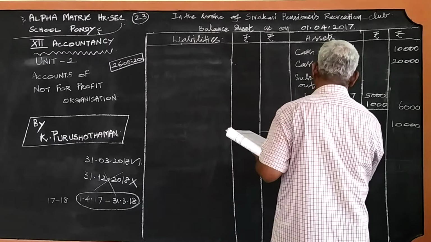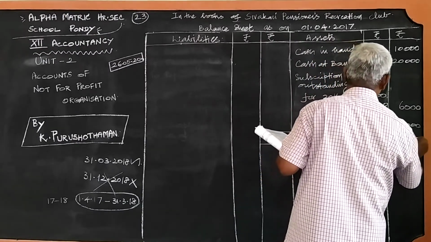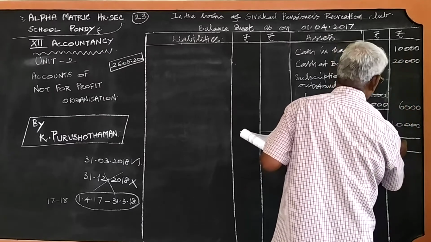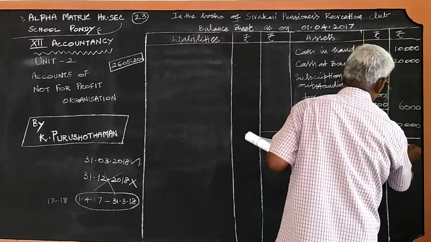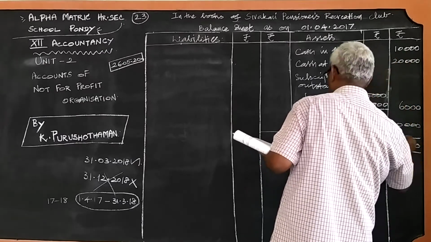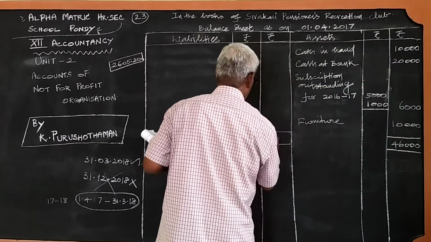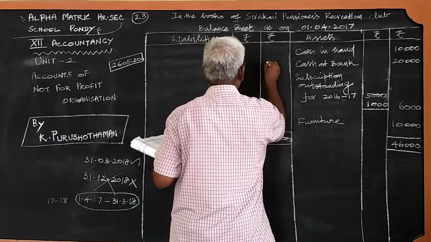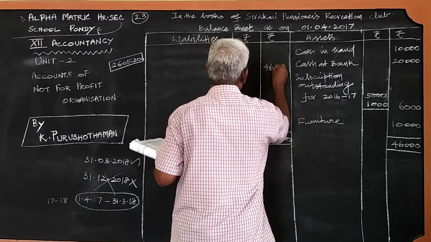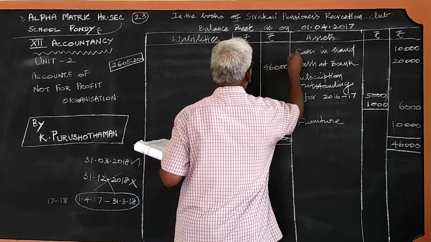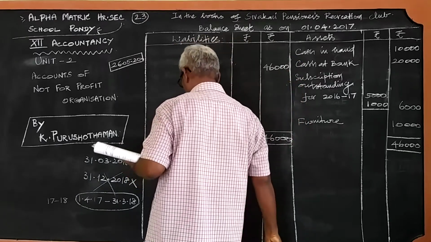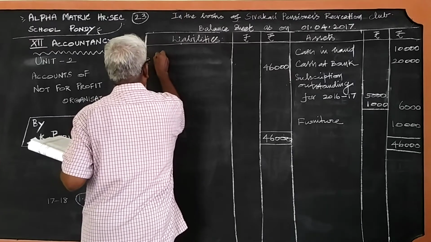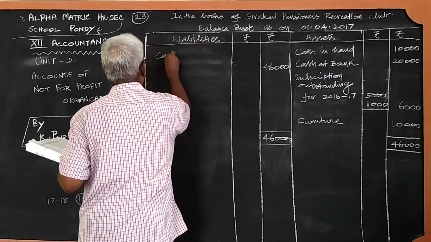No such liability is available here. So, this is 46,000. Here the total is 0. So, you write the same 46,000 here also. The balancing figure is 46,000. That is surplus, that is capital fund.